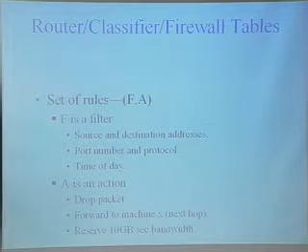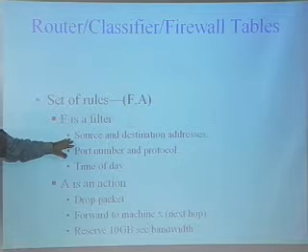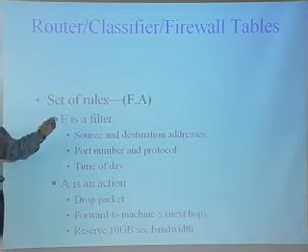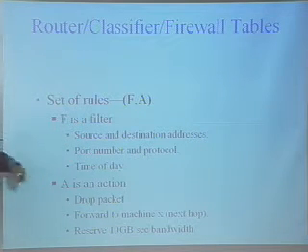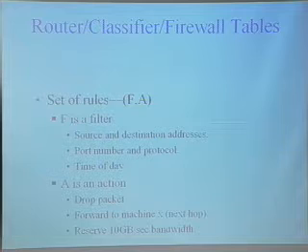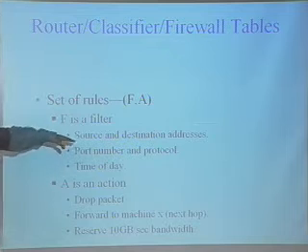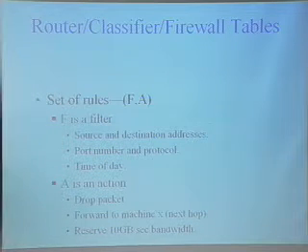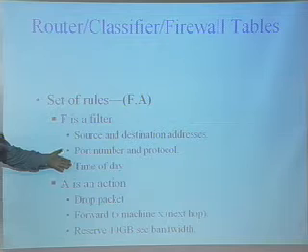So a filter is a Boolean expression that might be comprised of variables such as the source address, where did this packet originate, the destination, where's the packet going, and it could include things like the port number where the packet originated, the port number where it is going. You could even have the protocol being used here. Is it a TCP or a UDP? You could have even things like the time of day. Okay.